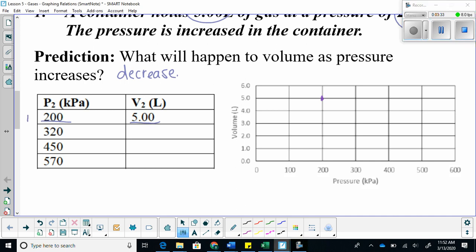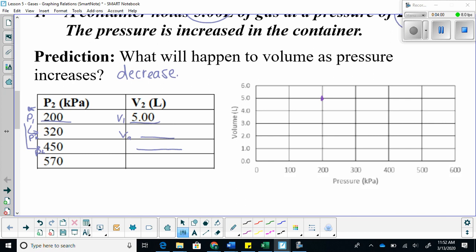I'm going to consider my first point as P1, V1. I'm going to consider my next point, P2, V2. So we're going to look for V2. I'm always going to take my given point as P1, V1. Okay? So we will first calculate this one, and then we will use P1, and we will use this as P2 to calculate the next volume.